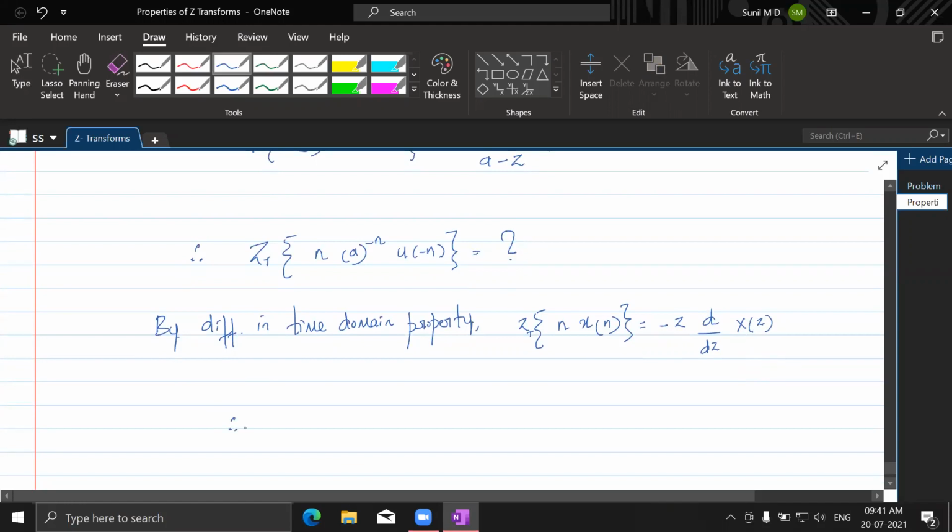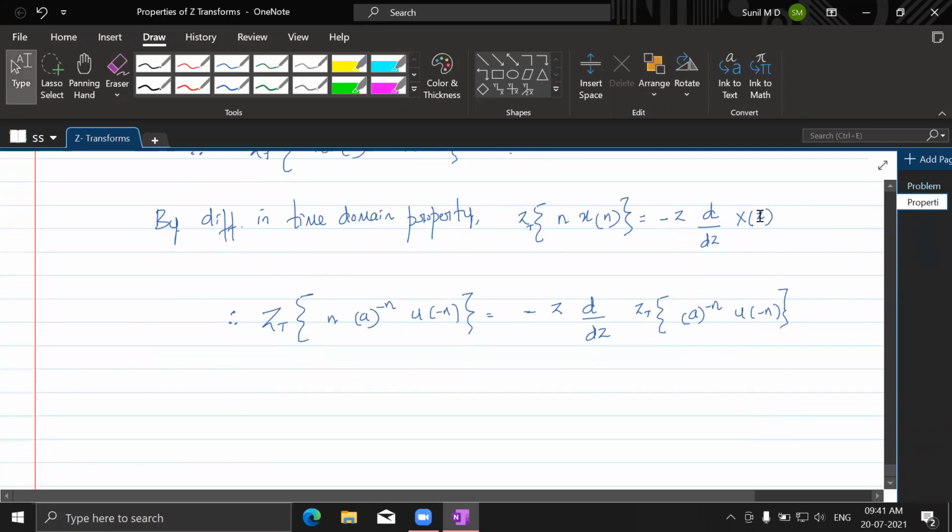So therefore, z transform of n a power minus n u of minus n is what? It is minus z into d by dz of the z transform of a power minus n u of minus n.